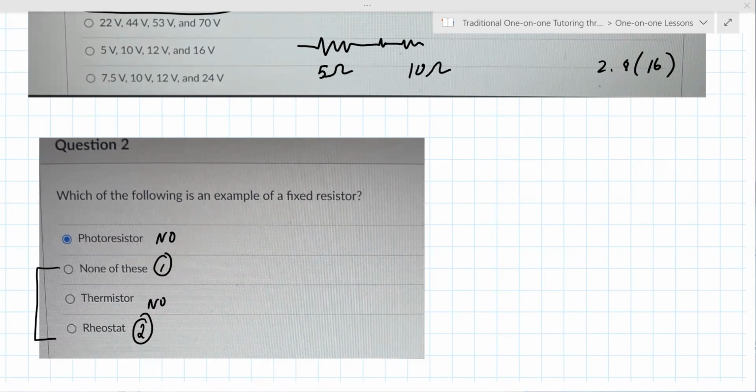Oh, there is: how can the resistance of a potentiometer be adjusted?